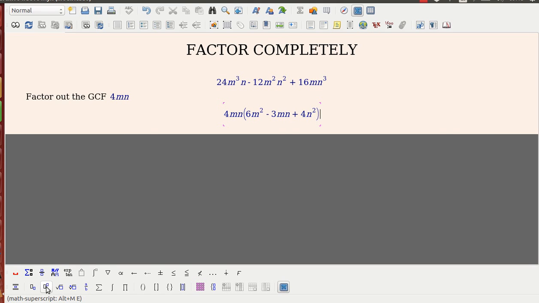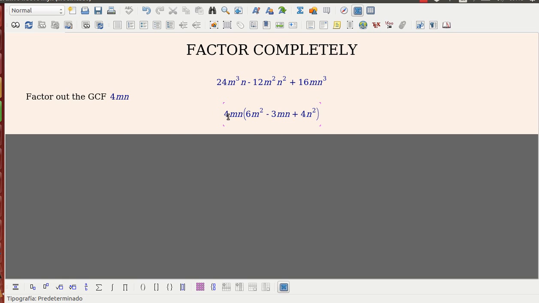So we have two factors, a monomial 4mn and a trinomial 6m squared minus 3mn plus 4n squared.